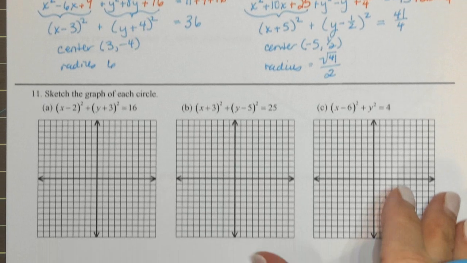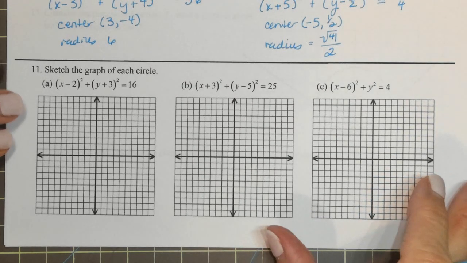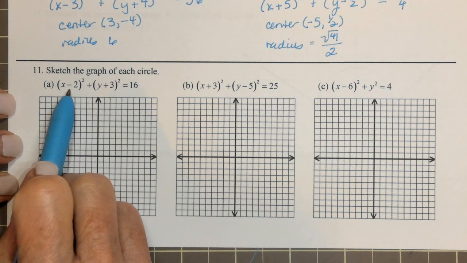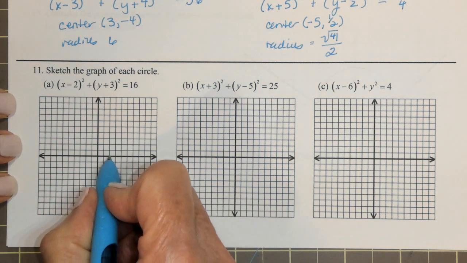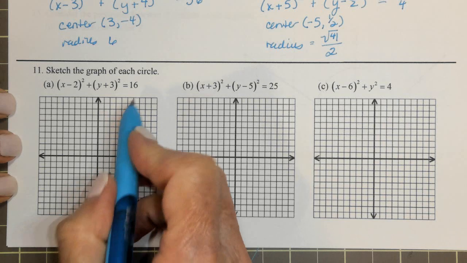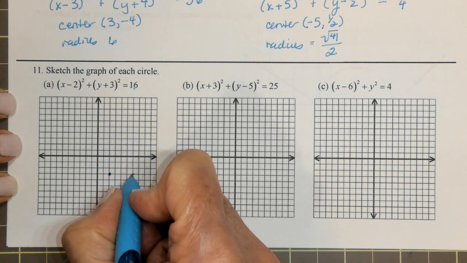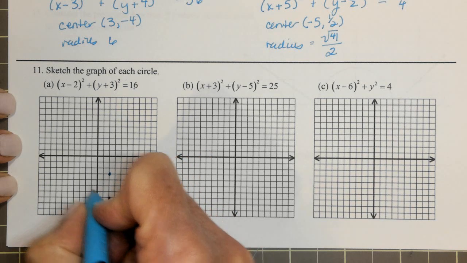Okay, let us sketch the graph of this circle. So the center is positive 2, negative 3. The radius is 4, so from the center I go 4 in every direction.